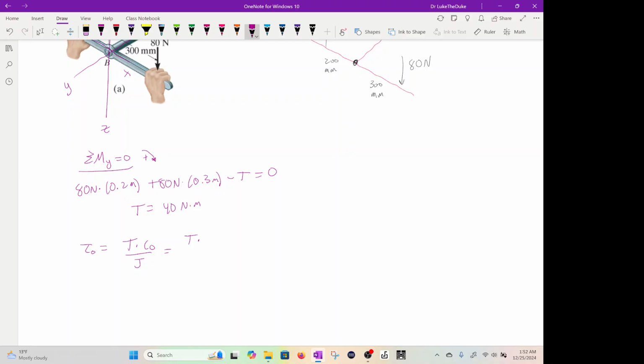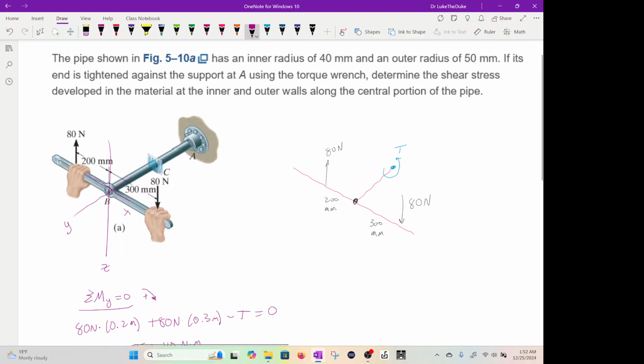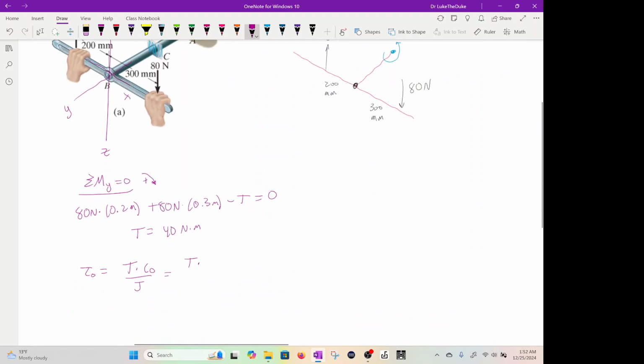Tau times the outer radius, right? Which is, let's call it Ro, over J. Now J is pi over 2 times the radius out to the fourth minus radius in to the fourth.